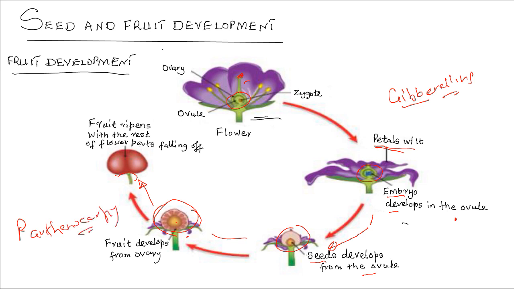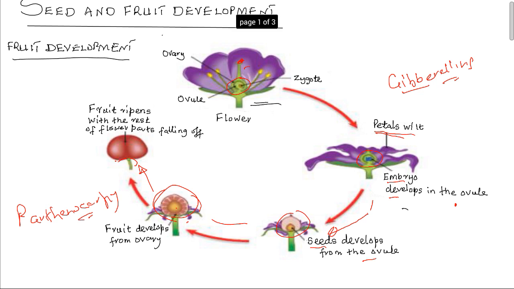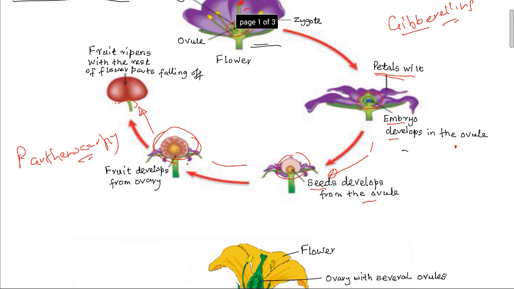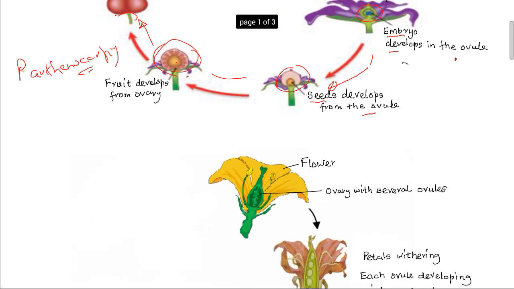Parthenocarpy refers to the condition in which seedless fruits develop, and this comes about as a result of the ovary developing into a fruit before pollination and fertilization has taken place.